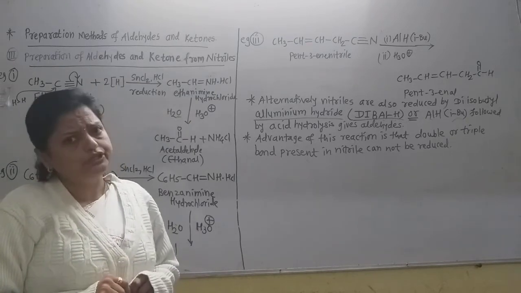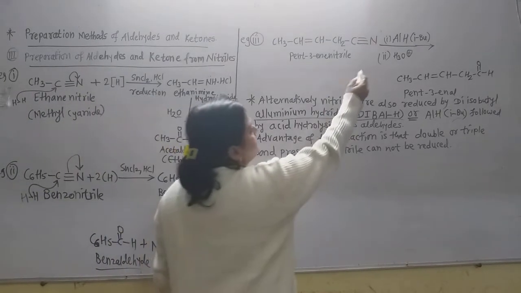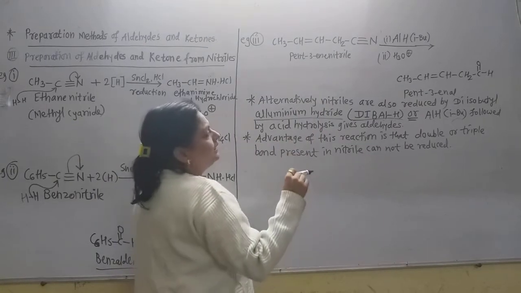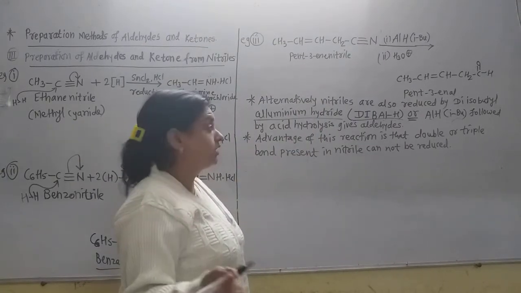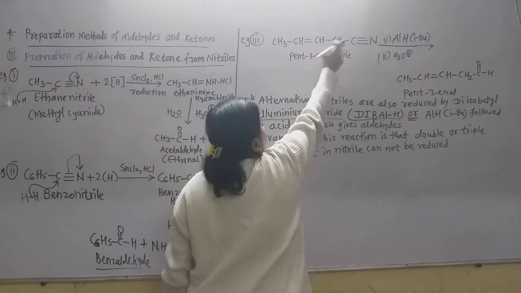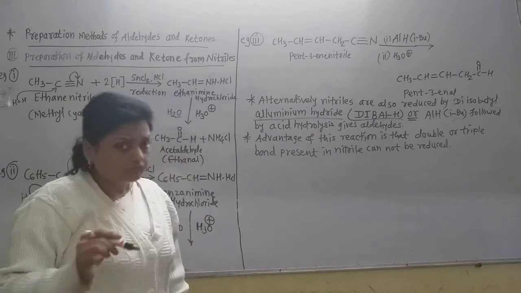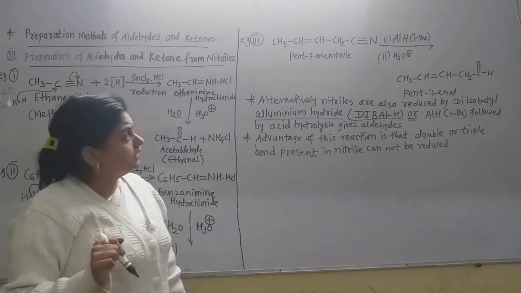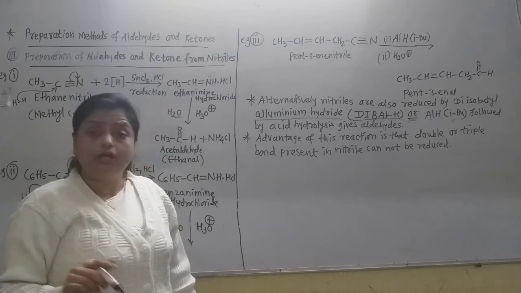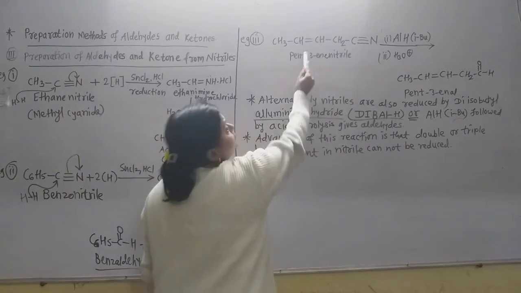Here I only show it in one step. Now see here. Here also diisobutyl aluminium hydride gives the nascent hydrogen. But I use here such a nitrile which contains a double bond in the R group. Now see, this is a very advantageous method because in this method there is reduction only of this cyanide and not this double bond.